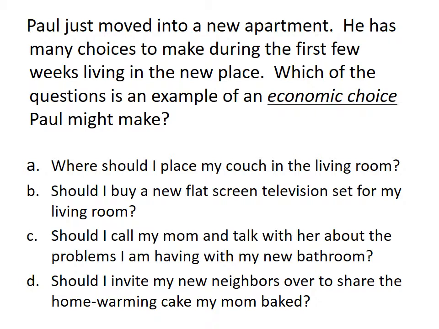Here's an example of a multiple choice item that would be appropriate for that type of outcome. Which of the following is an example of an economic choice Paul might make? So they're having to identify an example of the defined concept economic choice.